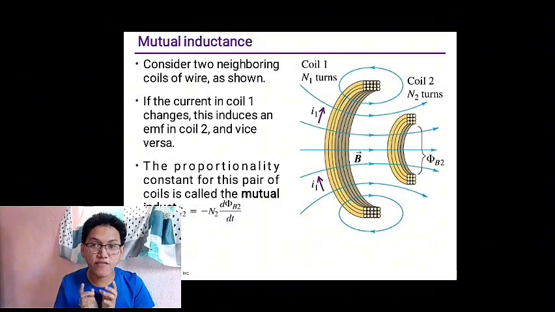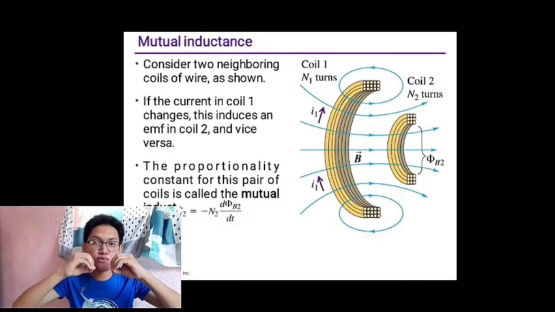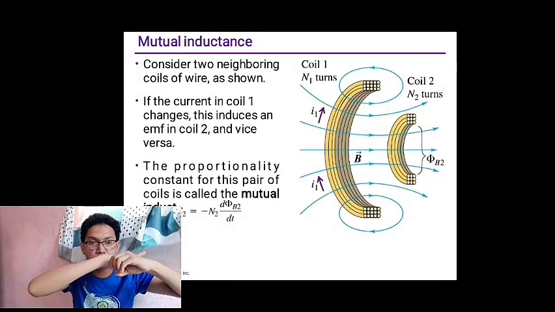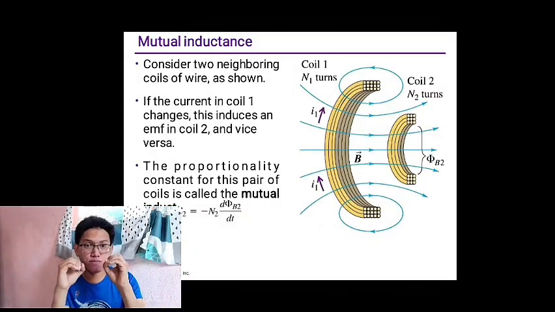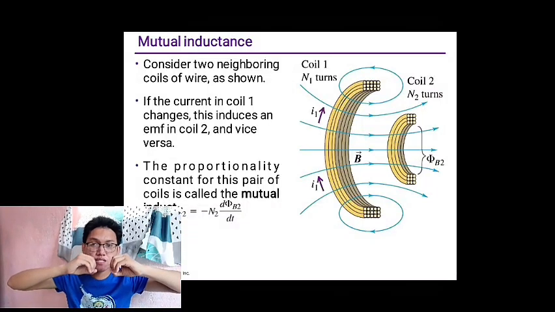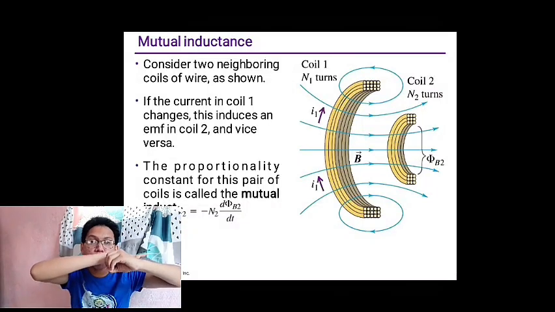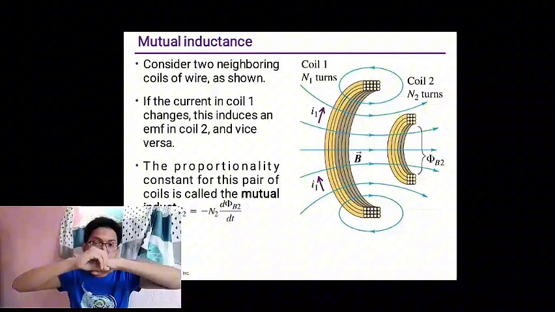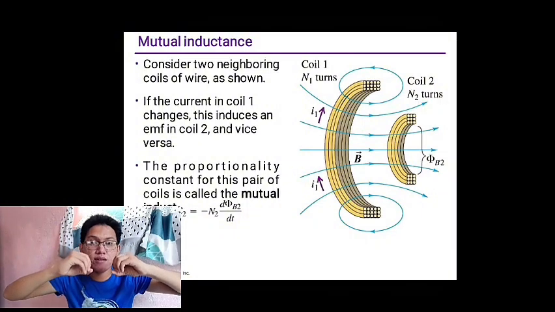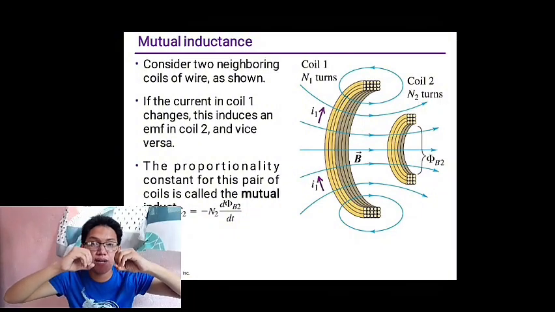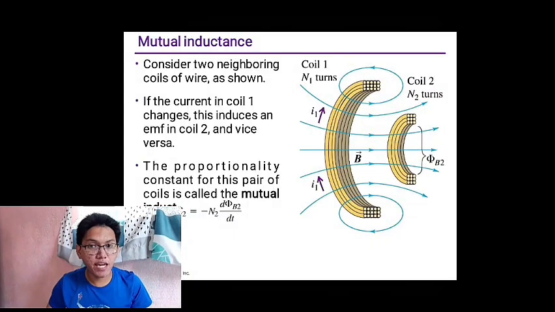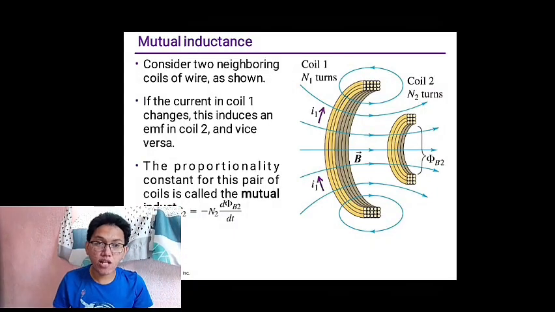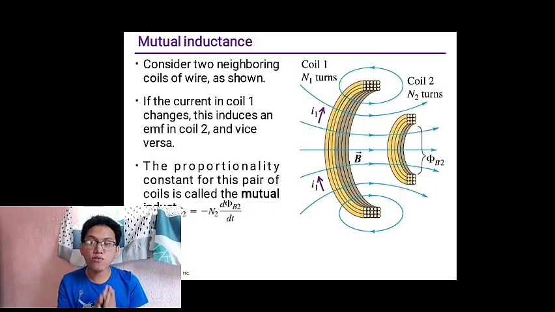This changing magnetic field passes through coil 2, producing a changing magnetic flux in coil 2. As a result, an EMF is induced in coil 2 even though the two coils are not electrically connected.